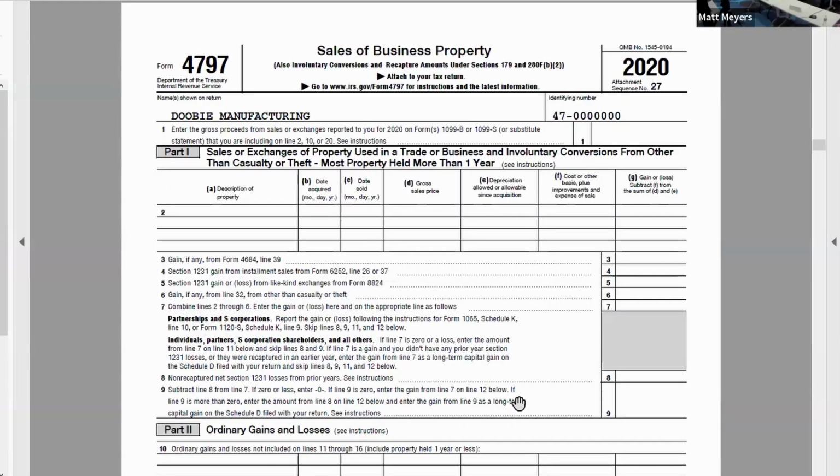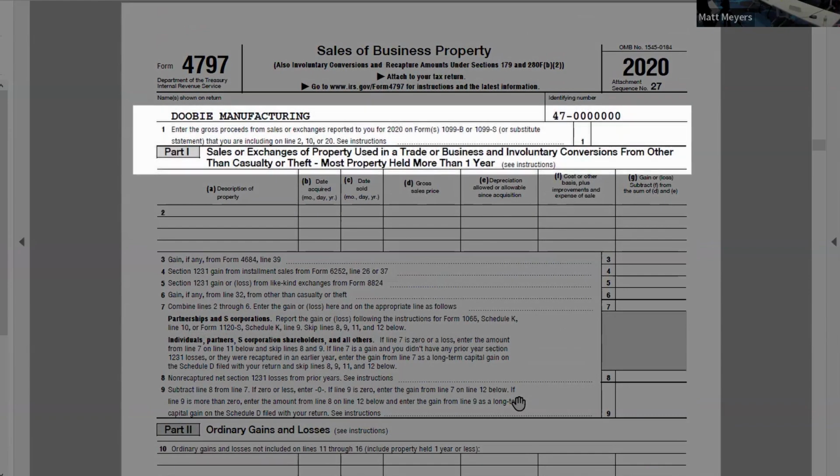So, 4797. Part 1 is sale or exchange of property used in a trade or business, and involuntary conversion, other than casualty, most property held more than 1 year. Why does it say most property? What the flip does that mean? No idea. Whatever.